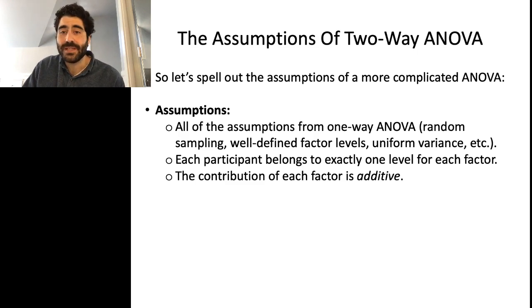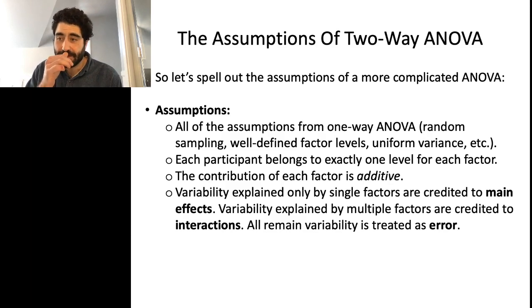We're also assuming that the contributions of these factors are additive, and what that means is that at least for the main effects, we're testing that these have additive effects. If things are not additive, we can also add in these interaction terms, right? But even for the interactions, we're basically assuming that these are on top of these additive effects.